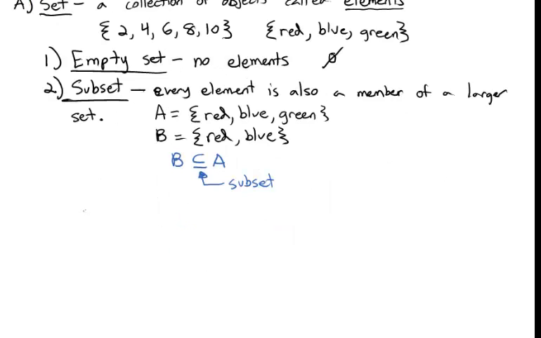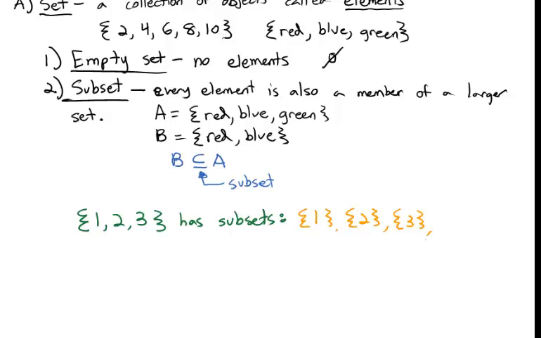Another type of problem that could be considered is if I have the set 1, 2, 3, I could list its subsets. Subsets would include the single items 1, 2, 3, subsets that have 2 items in them 1, 2, 2, 3, or even 1, 3.